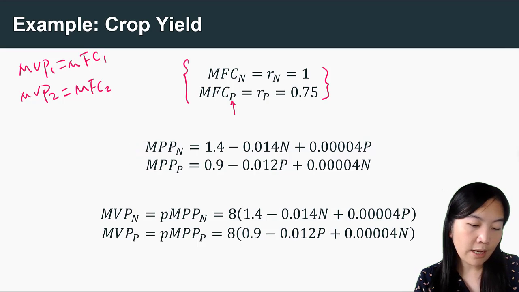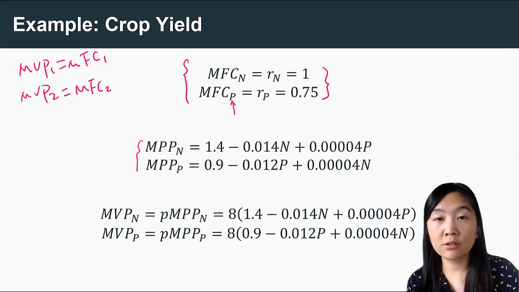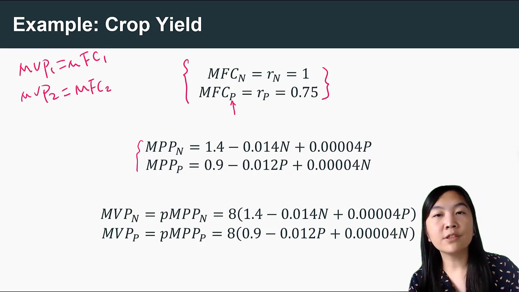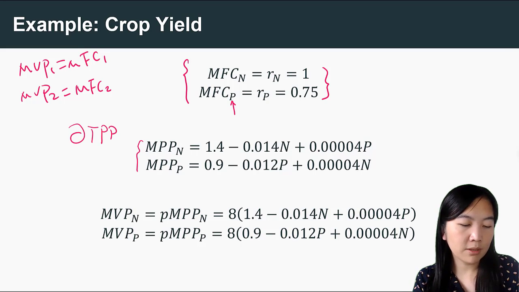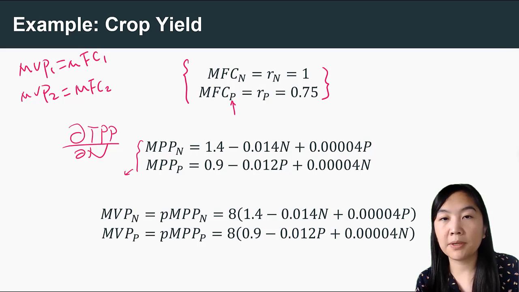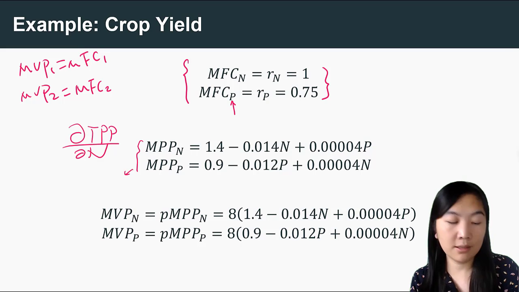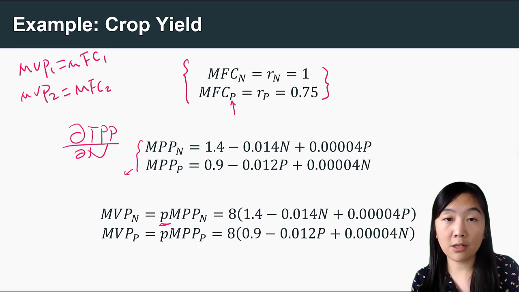The two MPPs, we have shown how to derive in a previous lecture. It's just taking the partial derivative of your TPP, with respect to N for one and with respect to P for the other. Then you multiply your MPP by the output price, the smaller p.